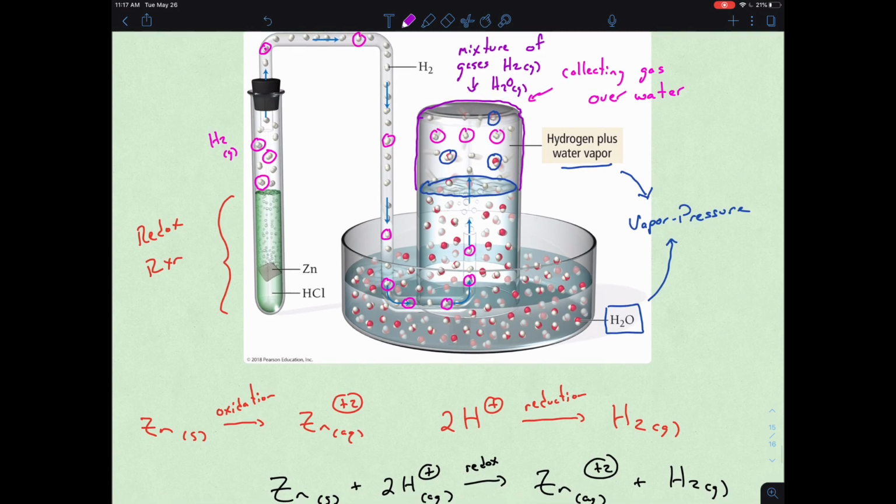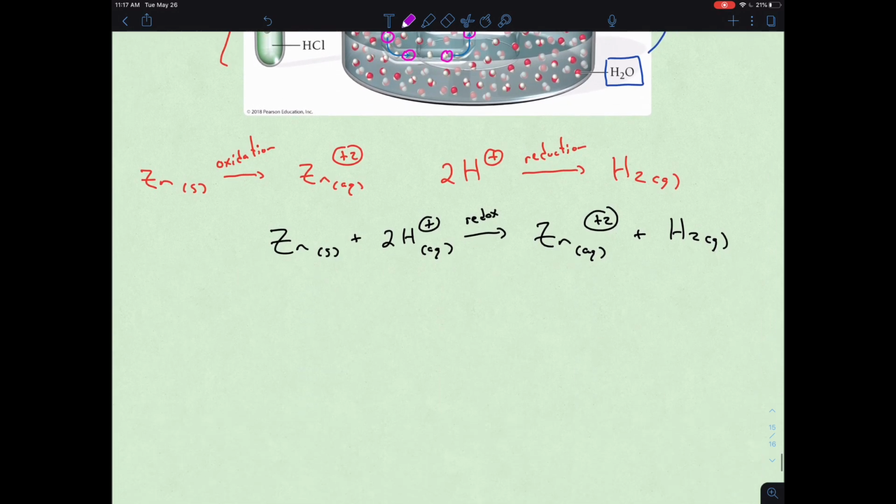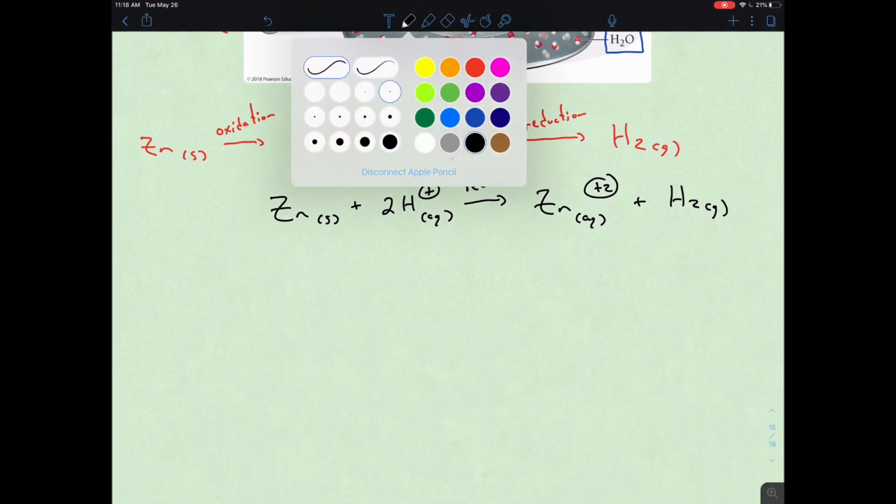So that means when we're trying to figure out some type of value in terms of the gas that we're collecting, in this case hydrogen gas, we'd have to treat it as a mixture of gases before we could solve. So let's look at an example of this.